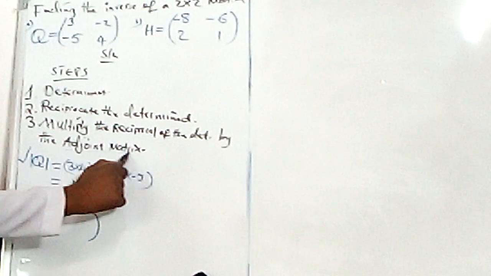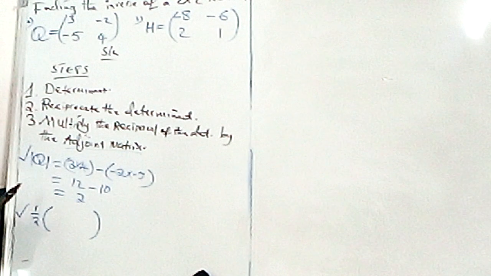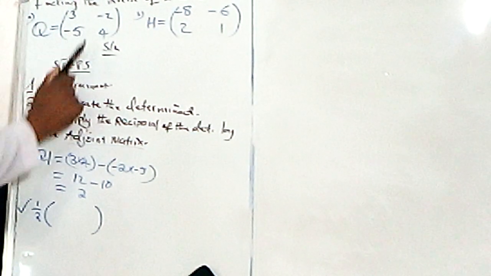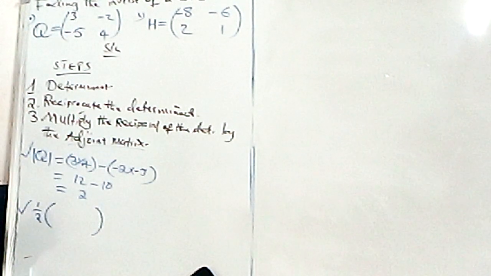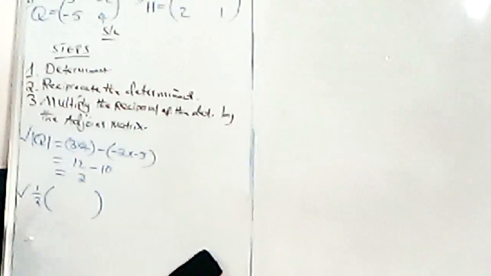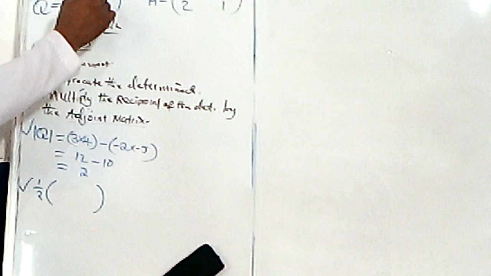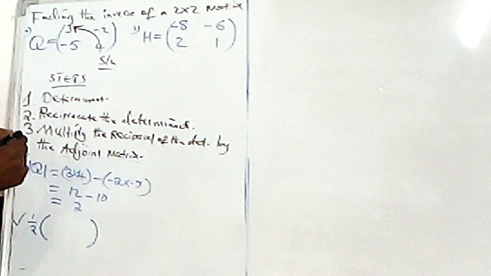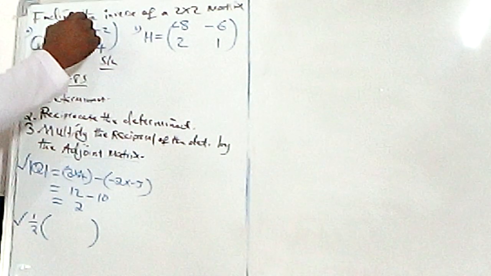Now, what is an adjoint matrix? Quite interesting, right? Observe. The adjoint matrix, for example, of this particular matrix Q is whereby we swap the elements in the major diagonal. They'll swap. Take note.